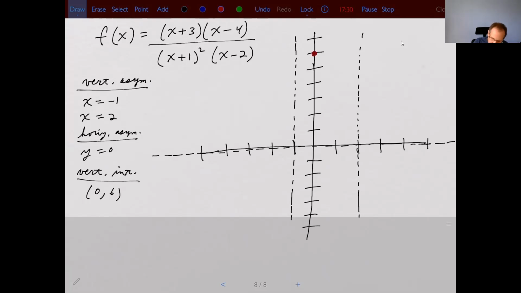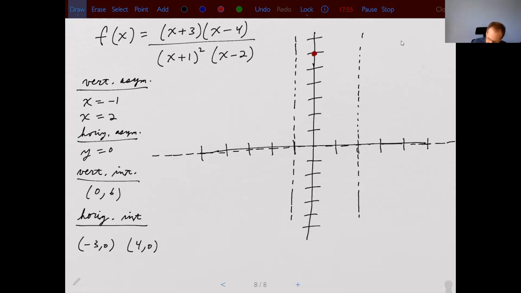And then there were horizontal intercepts at the points -3, 0 and 4, 0.